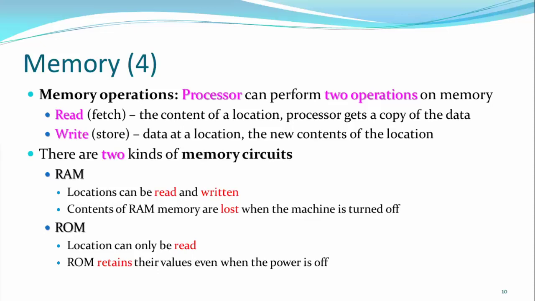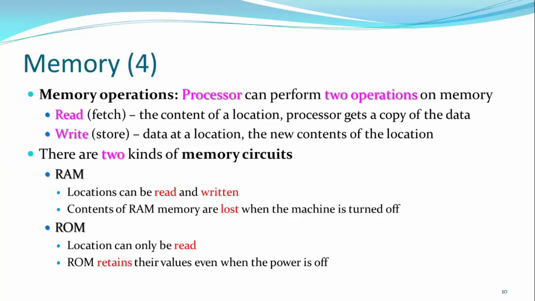Okay. We are still in the memory, like we saw how the content or data is represented in the memory. Now, what are the functions that are done by the microprocessor? You see the memory operations. Every processor can perform two basic operations on memory. One is read, another one is write.